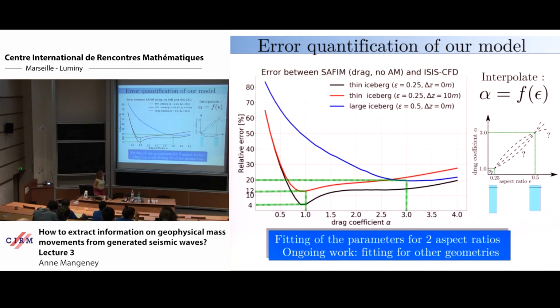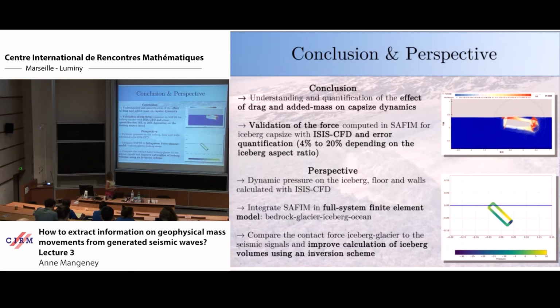And we can improve this by putting drag coefficients that depends on the aspect ratio. And this is something that people do also in the literature. So everything to say that even though we get some volume, this is not very precise volume. We make some errors, and we have to quantify better the errors.